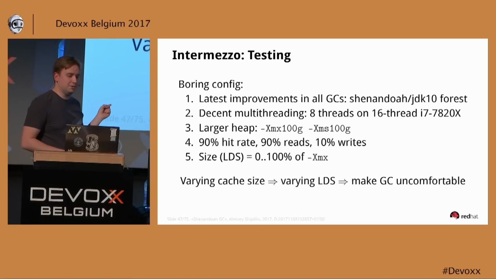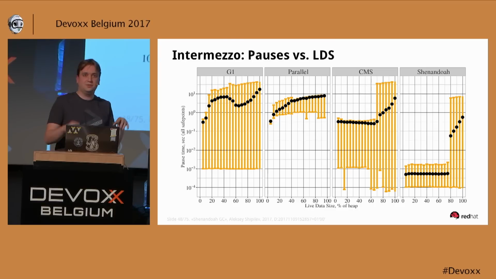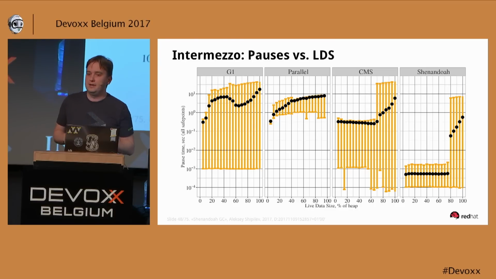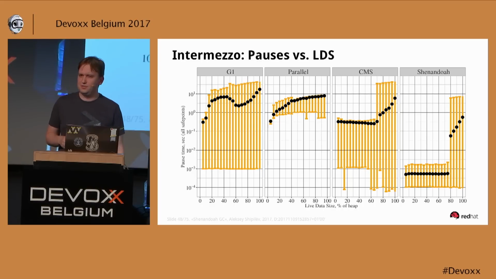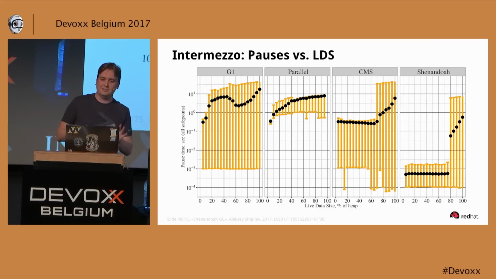So if you do this experiment, you will have something like this. The yellow lines are kind of the distributions. It should be violin plots, but the graph would be very, very messy. And the black dot is the average. Even though average is a bad composite metric for this, it still has some meaning here.